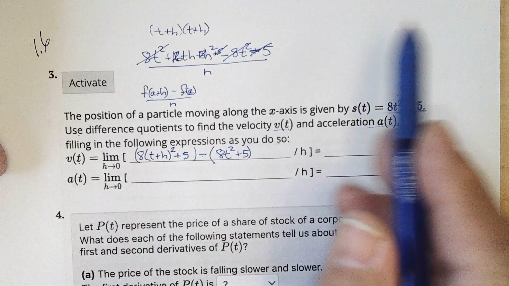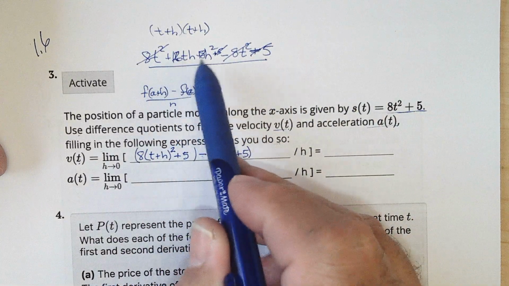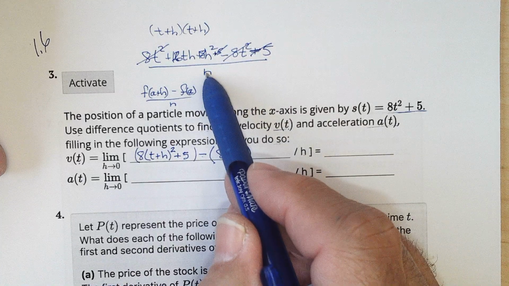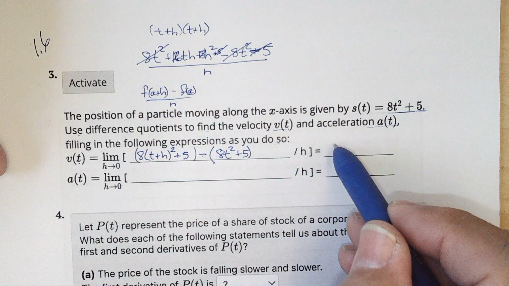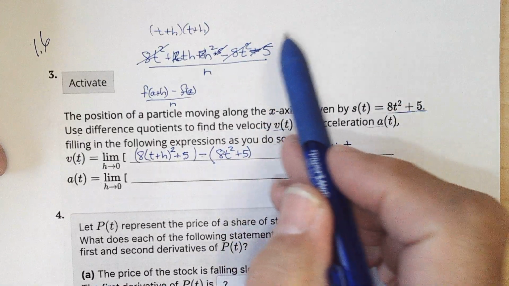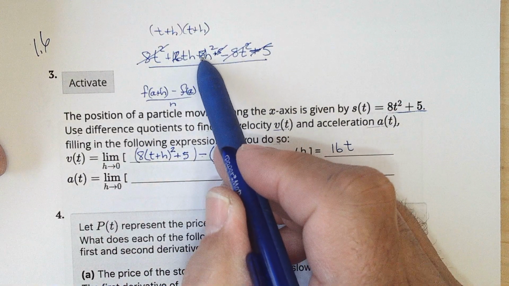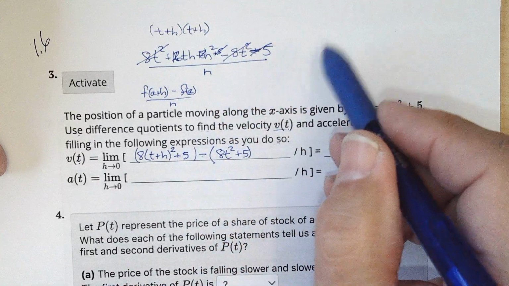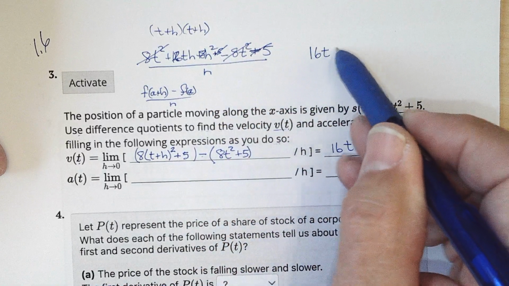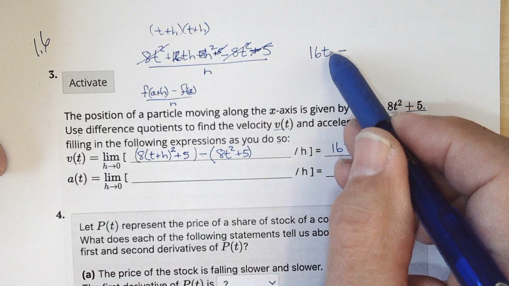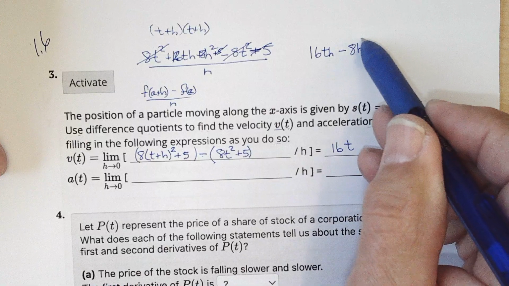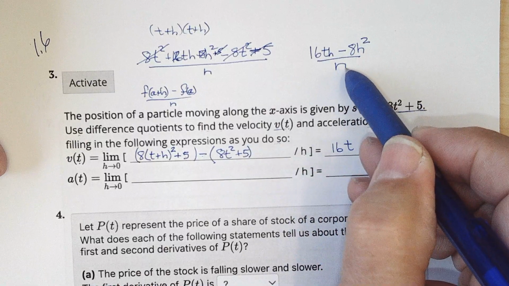So I have 16th divided by h, which would be 16t. And then I'm going to have 8h squared divided by h. I'll write it here: 16t plus 8h squared divided by h.